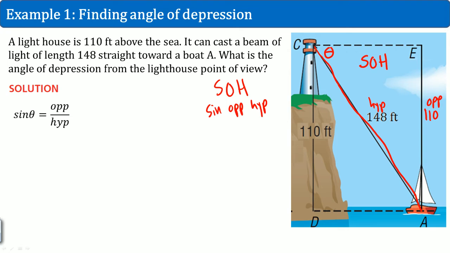So here, sine of theta is equal to opposite over hypotenuse. Our opposite is 110. Our hypotenuse is 148. I'm trying to get theta, so I use the inverse sine. So theta is equal to the inverse sine of 110 divided by 148. Plug that into Desmos.